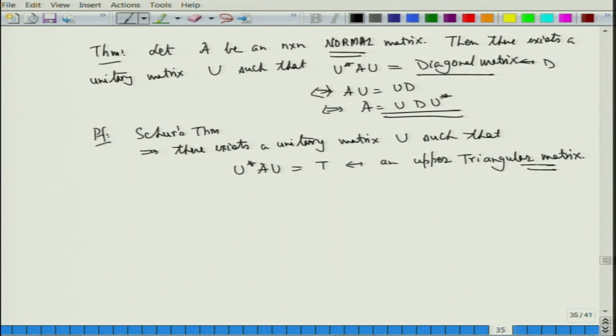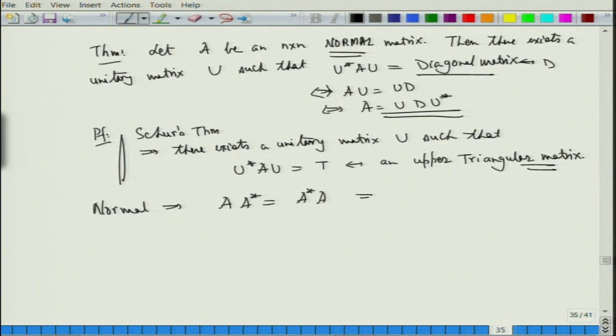Let us try to understand what I mean by now using normality. At this stage when I am writing this, I have not used the idea of normal. Now let us use the idea of normal. So what does normality mean? So normal implies A times A star should be equal to A star A. Fine? Is that okay?